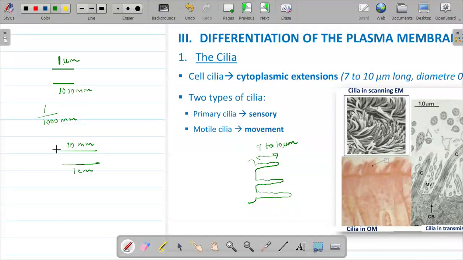So 1, 2, 3, 4, 5, 6, 7, 8, 9. If I take an individual unit, this is 1 millimeter. So a micrometer is 1/1000th of a millimeter. It is a very tiny structure, right? Very, very fine, tiny.